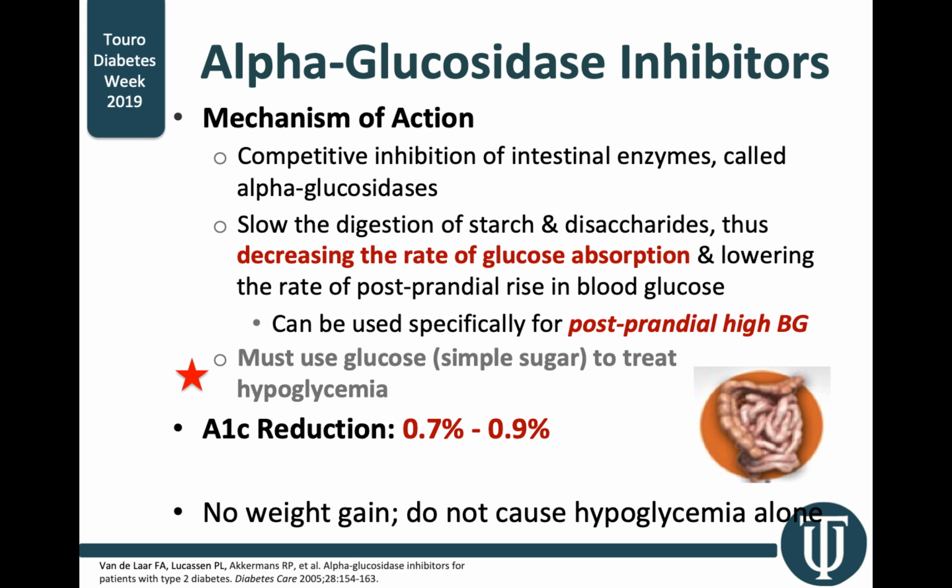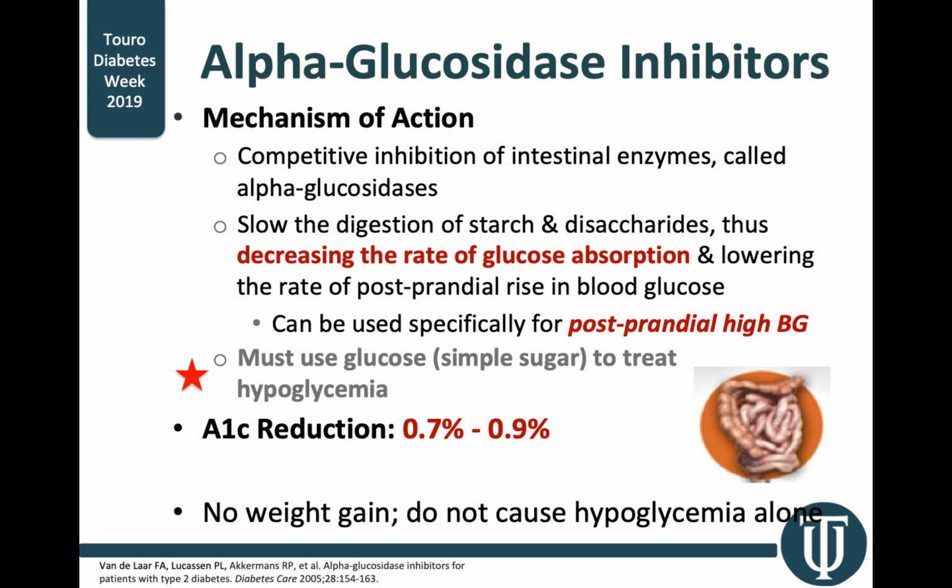So by having this medication, they will slow the digestion of starch and disaccharides, which leads to a decrease in the rate of glucose absorption. They also help lower the rate of glucose being absorbed after we eat. So specifically, this medication class targets postprandial highs.